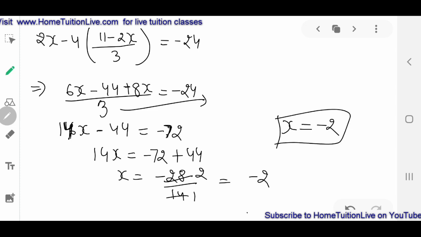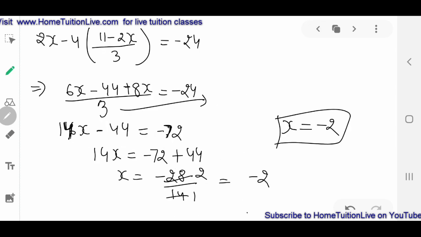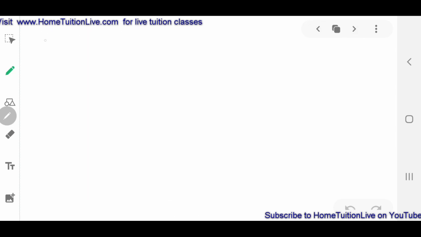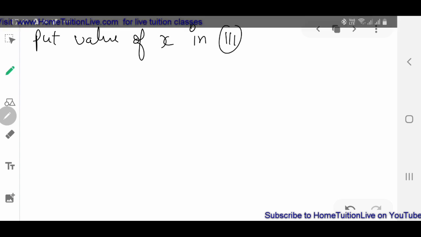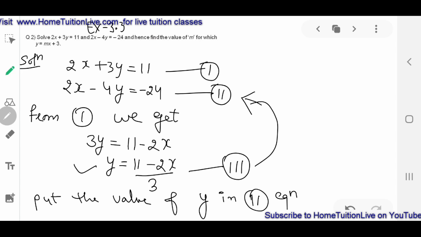Now put this value of x in third equation. What is the value of x? X is minus 2. And what is our third equation? This is our third equation.